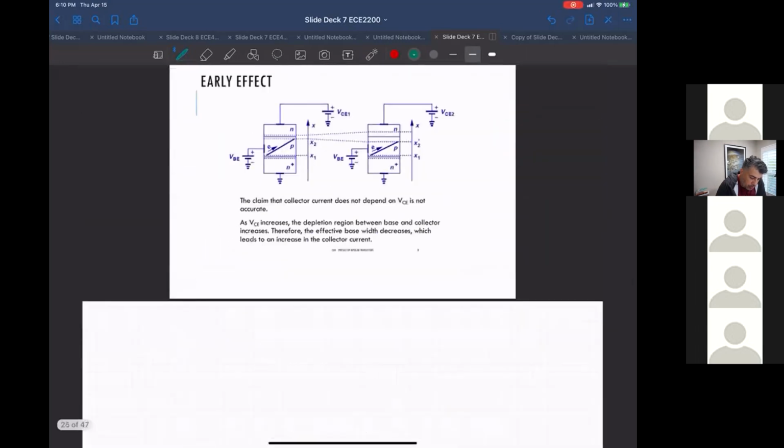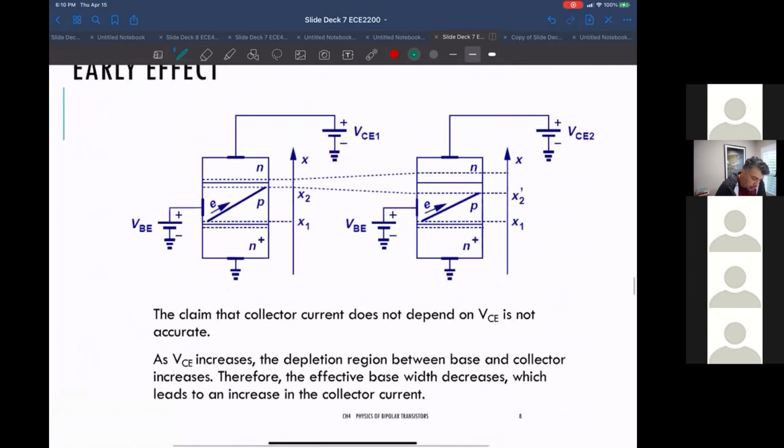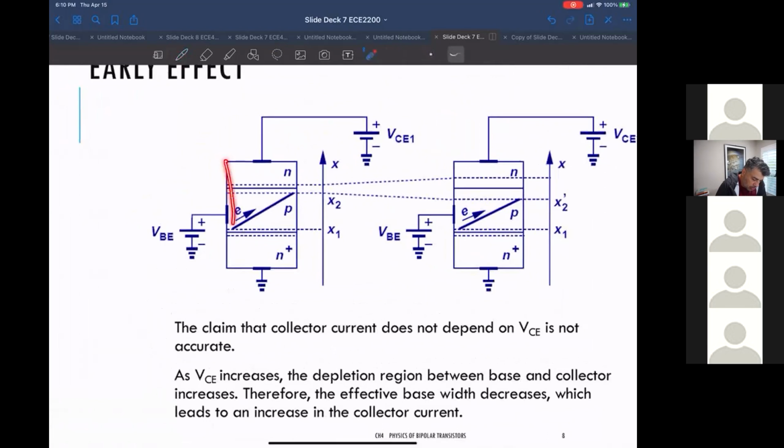So this is our NPN. Remember, in forward active, this junction is forward biased, but the base collector junction here is reverse biased. And when you have a reverse biased junction, it has a particular width.